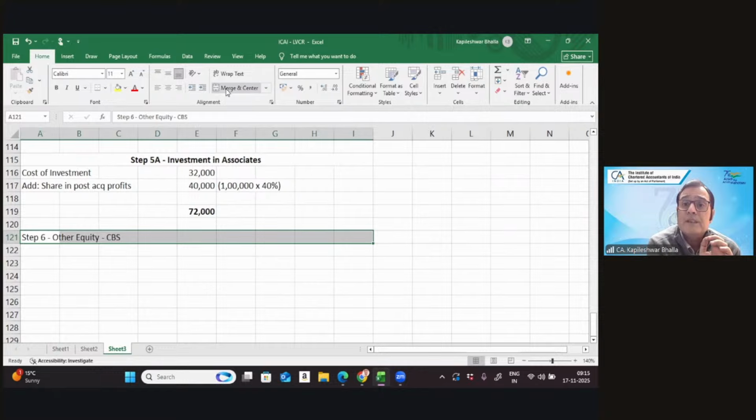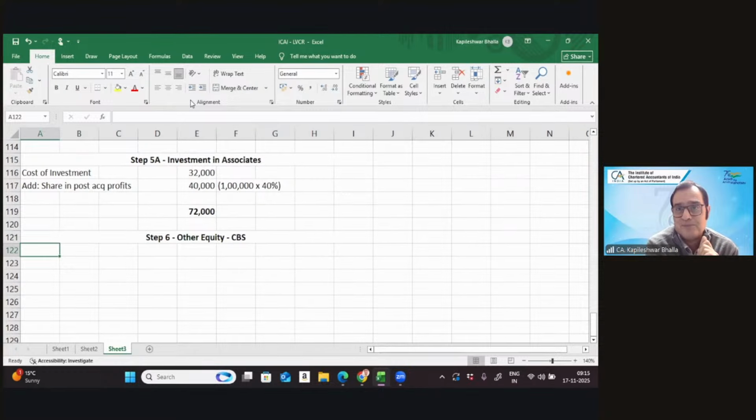Now, tell me the focus points in terms of step number 6. How many focus points do you get in terms of step number 6? That is the agenda. I know you will remember the number of focus points in step number 6. Then we'll see what all is to be taken. That's right.